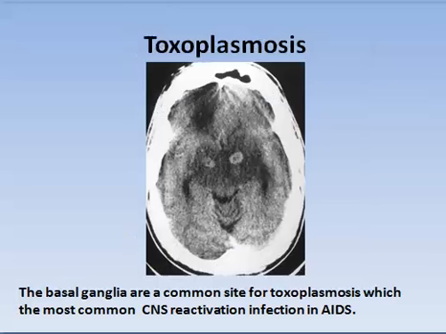In toxoplasmosis, the basal ganglia are common sites. The most common CNS reactivation infection in AIDS is toxoplasmosis. So in AIDS, we have multiple infarctions and toxoplasmosis at the basal ganglia.